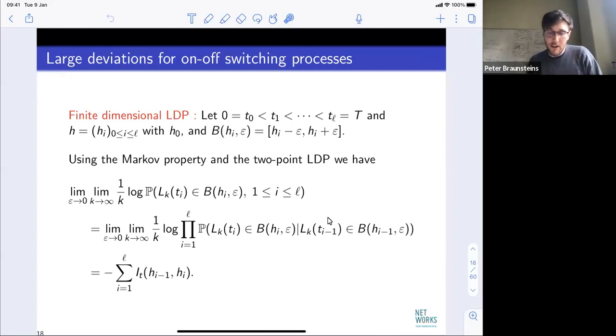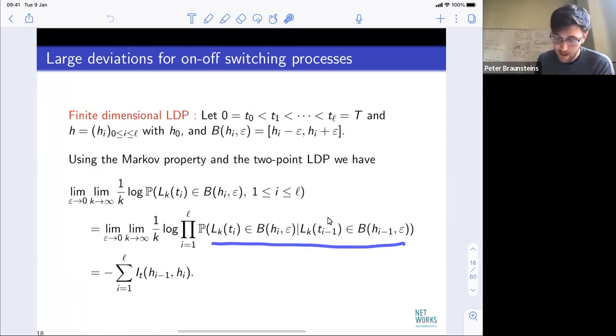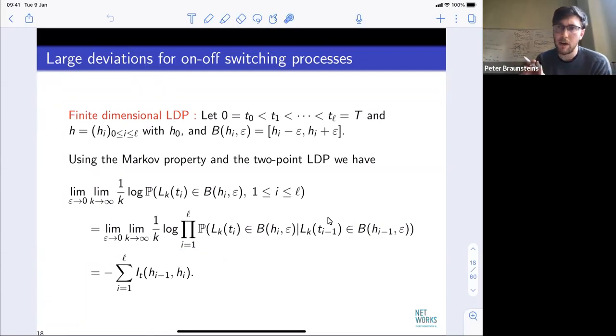Using the Markov property and the total probability formula, the probability of being in every single one of these very small balls can be re-expressed in this way, as a product. But if we take these balls to be arbitrarily small, we can get something different for this part of the formula here.